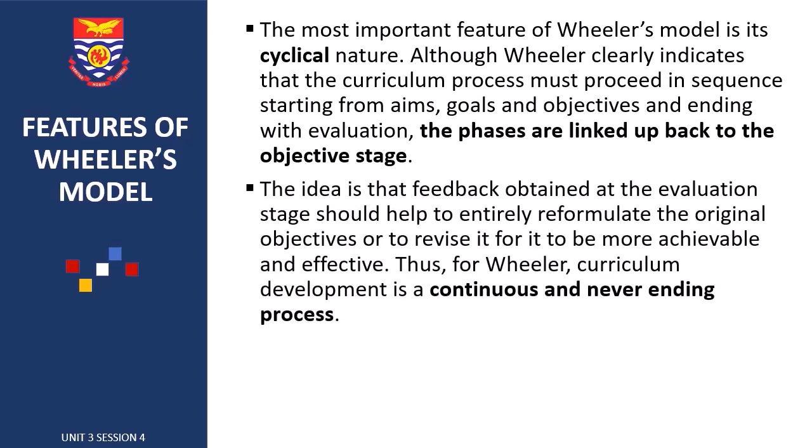Also, his idea that feedback obtained at the evaluation stage should help to entirely reformulate the original objective or to revise it to be more achievable and effective was commendable.